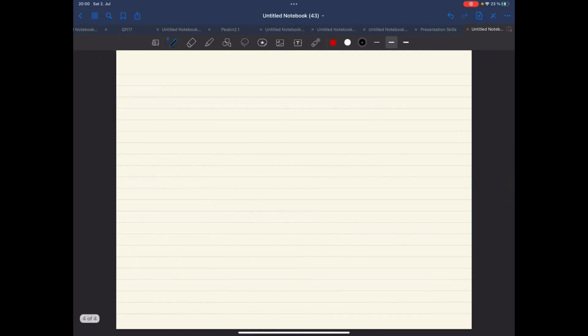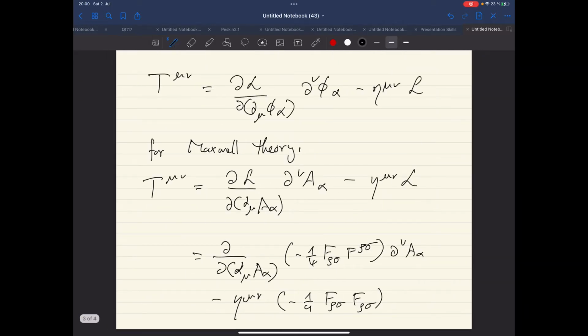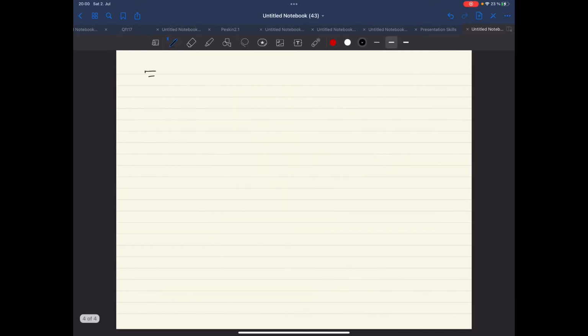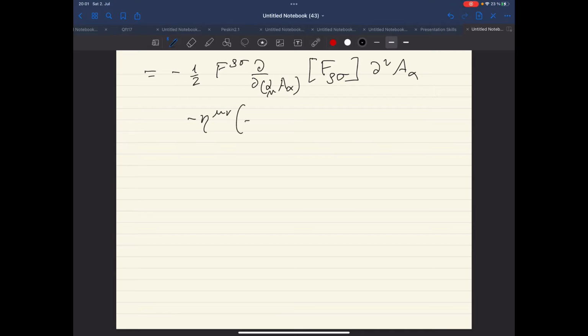Okay, so this is equal to, I have here the same term multiplied, so when I differentiate it, I will get a factor of 2. So I will get minus 1/2 F^{ρσ} ∂(F_{ρσ})/∂(∂_μ A_α) times ∂^ν A_α minus the other term, which is η^{μν} times minus 1/4 F_{ρσ} F^{ρσ}.